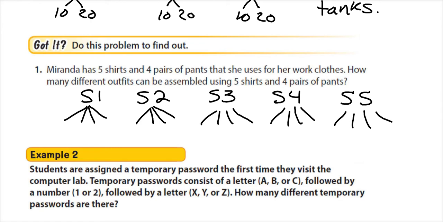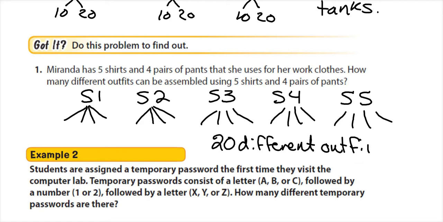All right, so what we have is 5 sets of 4, so that means there would be 20 outcomes then. So we have 20 different outfits. And there we go.